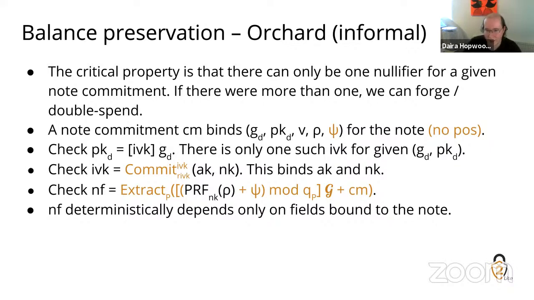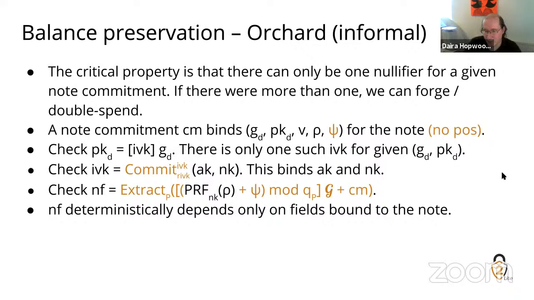And then here, to get the nullifier, we're still using the PRF. So if the PRF is secure, then that provides our unlinkability. We're adding this blinding factor, and that means that we don't have to depend on the PRF for privacy. Then we're multiplying that by the base point G, adding a commitment.